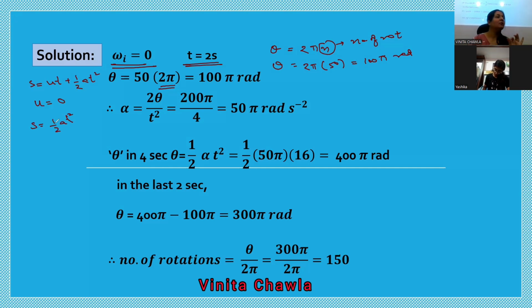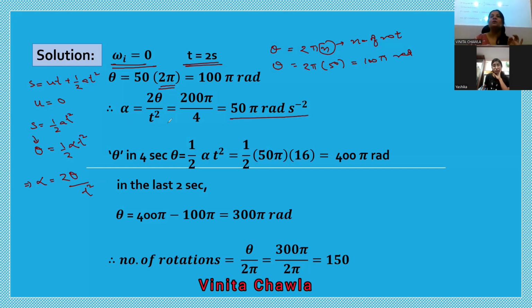In the same way here we will write theta as, because s को हम रिप्लेस कर रहे हैं थीटा से, हाफ को हम एज इट इज लिख रहे हैं, a के प्लेस पे वी राइटिंग अल्फा एंड टी स्क्वायर. ठीक है. तो अगर आपको एंगुलर एक्सेलरेशन फाइंड करना है तो अल्फा लिखो, सब कुछ यहाँ से उठा के दूसरी साइड मूव कर दो. 2 डिनोमिनेटर में है, वहां जाके मल्टीप्लाई हो जाएगा, तो इट्स 2 थीटा बाय टी स्क्वायर. क्लियर है? We can find alpha, it's 50 pi radian per second square.